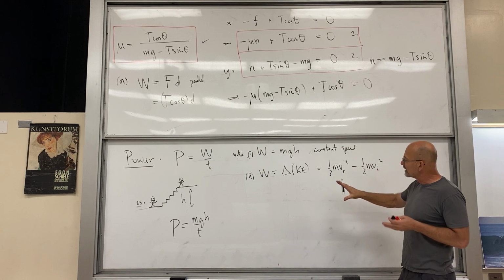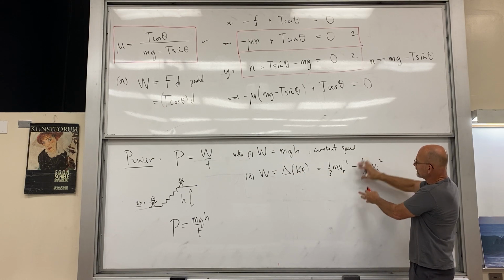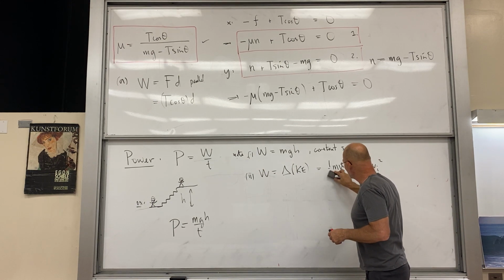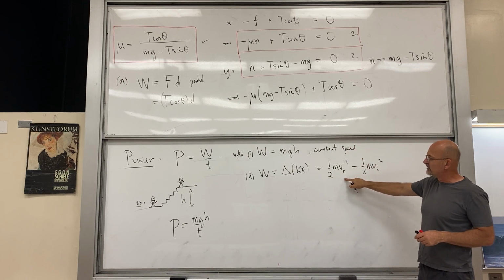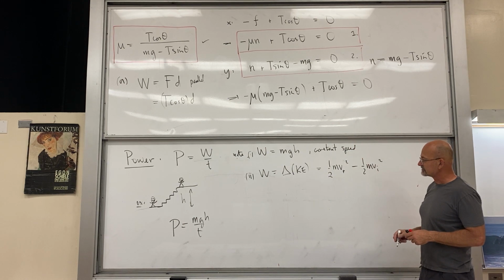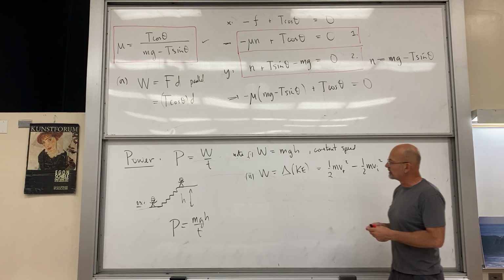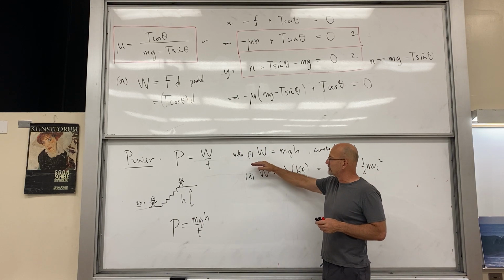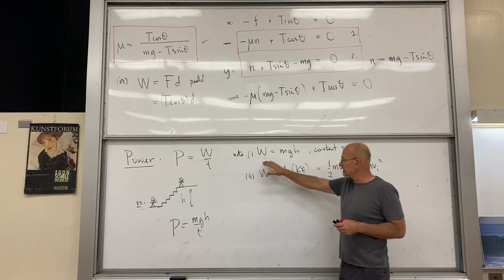So if you have to accelerate to get up to a certain speed, you may start it from rest, you can call that 0 here. Then the work it took to achieve a certain speed would be in this second form. That's why if you look at some of these problems in the book relating to work, they'll be careful to tell you about constant speed or change of speed.